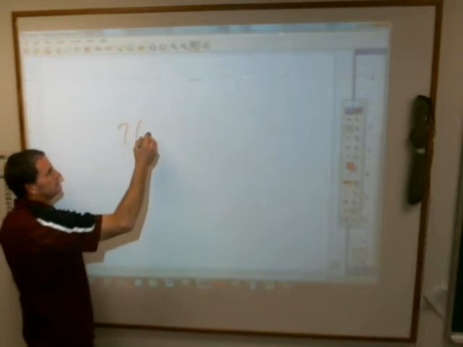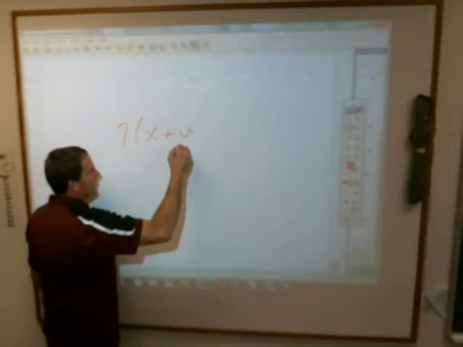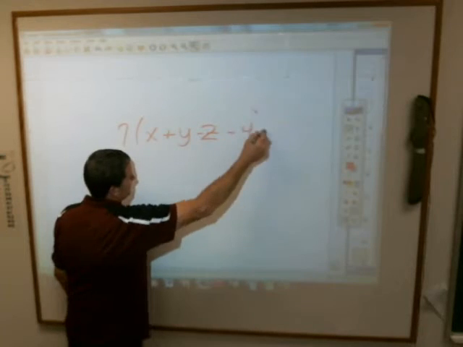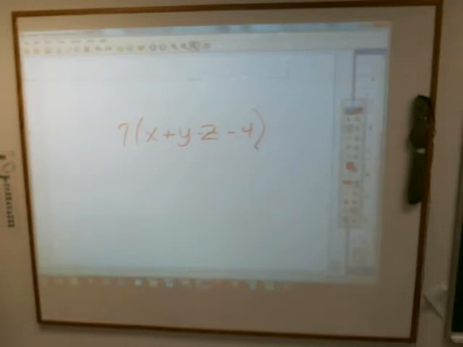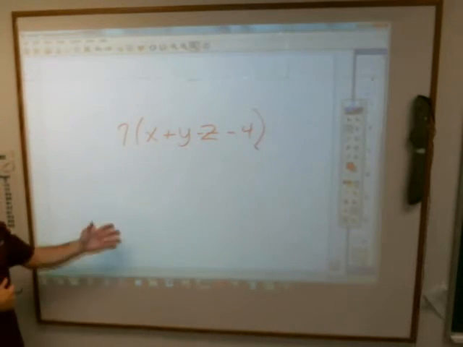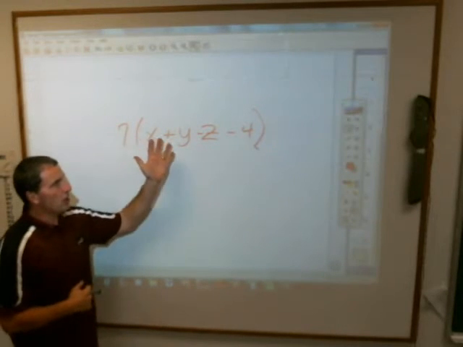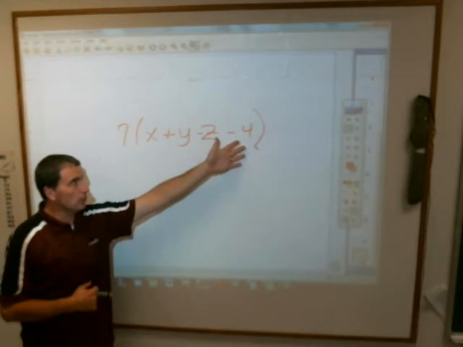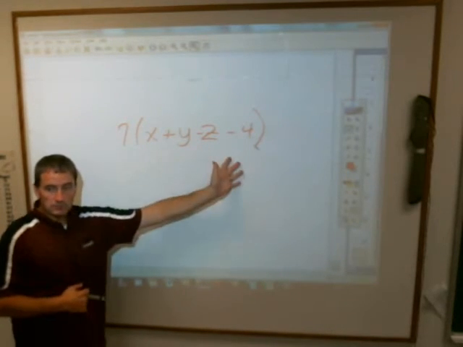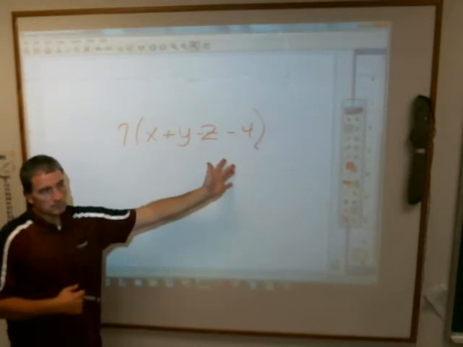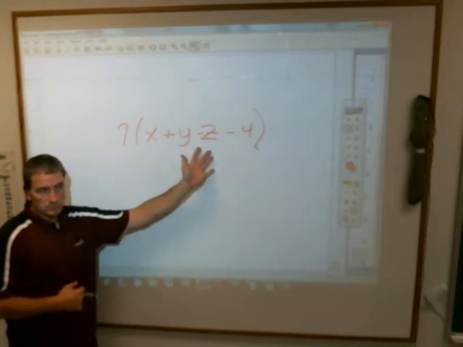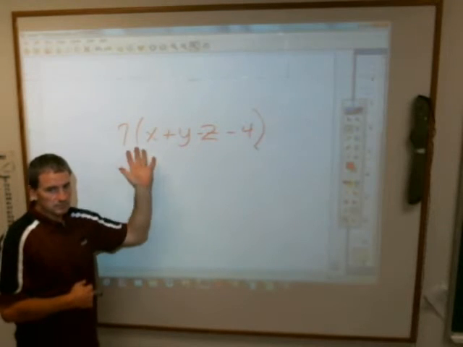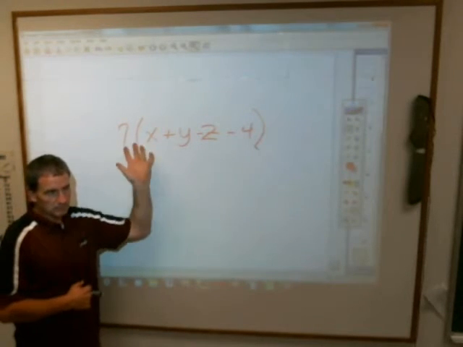But if you have, let's do a really long one, I'm going to try to confuse you. 7 times x plus y minus z minus 4. You're going to take the thing outside of the parenthesis and multiply it by all things inside the parenthesis. How many things are inside the parenthesis? 1, 2, 3, 4. 4 things in the parenthesis, 4 things in your answer.